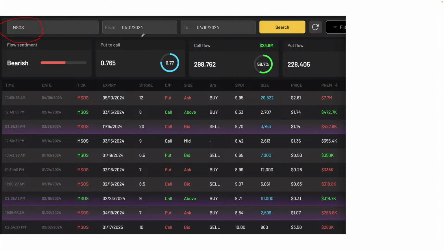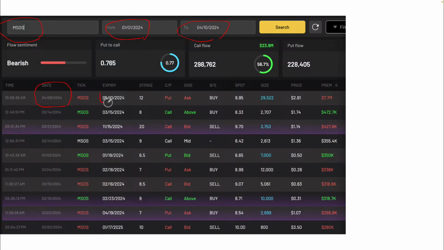Okay? I looked at all the option flow for 2024, starting January 1st, right now to April 10th. The biggest order that MSOS has seen all year was yesterday, April 9th.